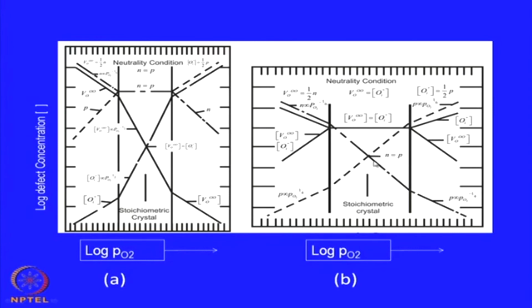So, here Ke is much smaller than Kf, where here Kf is smaller than Ke. So, this corresponds to Ke, the electronic compensation, and this is the ionic compensation. So, the ionic compensation is less important here, electronic is important here, electronic is less important, ionic is important.